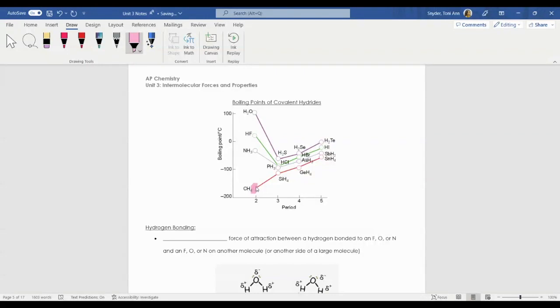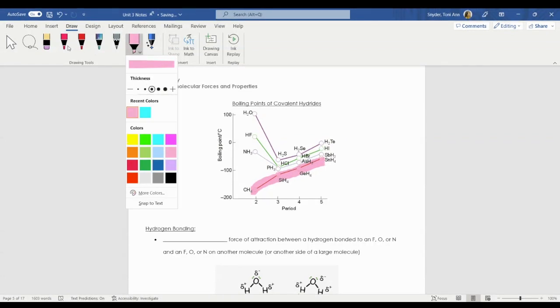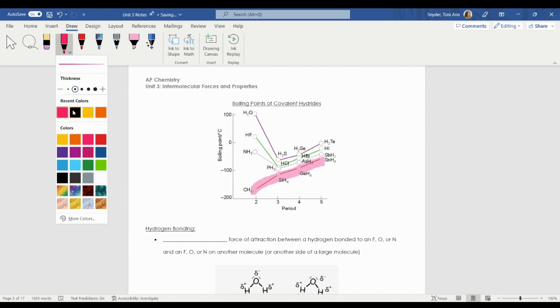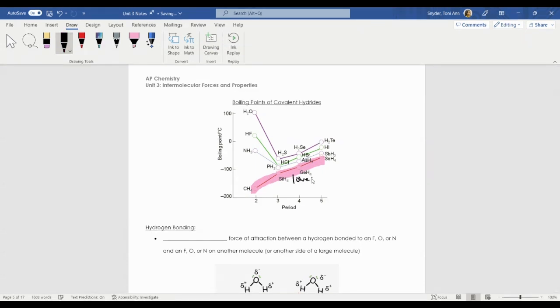Notice how CH4, SiH4, germanium, and tin hydrides, all of these seem to have the lowest boiling points of the whole entire group. Why would they be the lowest boiling point? If you consider their Lewis dot structures, methane is nonpolar.